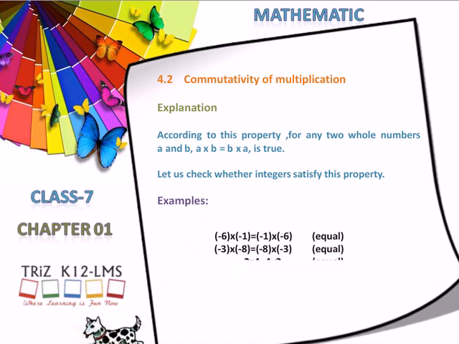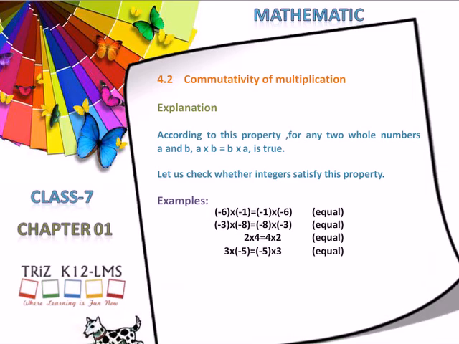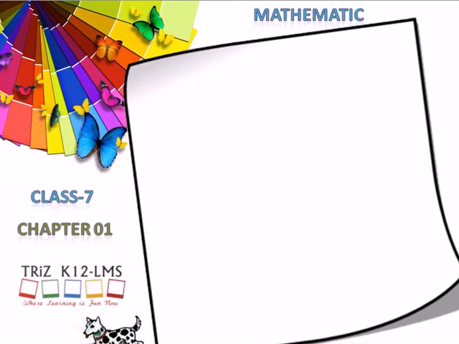Examples: -6 into -1 is equal to -1 into -6, equal. -3 into -8 is equal to -8 into -3, equal. 2 into 4 is equal to 4 into 2, equal. 3 into -5 is equal to -5 into 3, equal. From these examples we can say that multiplication is commutative for integers.